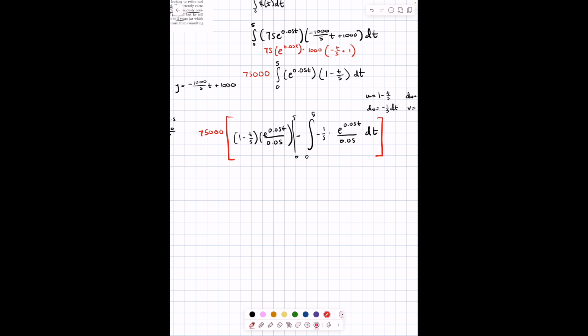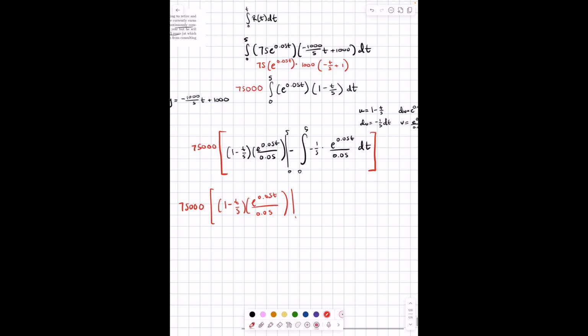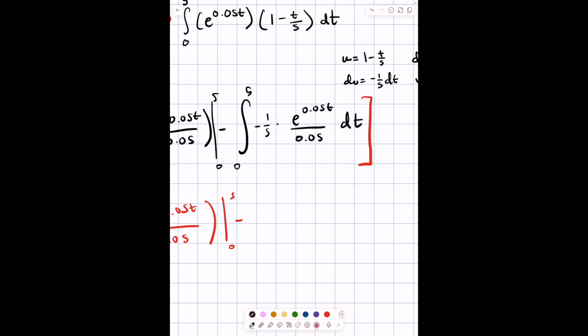We want to then evaluate this integral. I'll just rewrite this all from 0 to 5, minus, and then let's do this other side now.